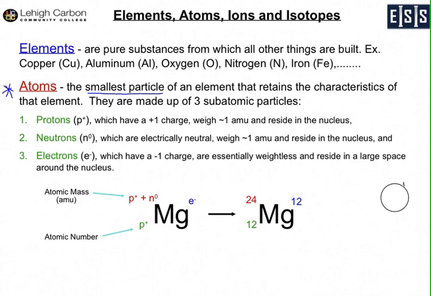So now we've gone from elements down to atoms, and we've talked about the particles that make up the atoms, and I want to go over those quickly here. We mentioned protons. They're in the nucleus. They're represented with a small p with a superscript of a plus.